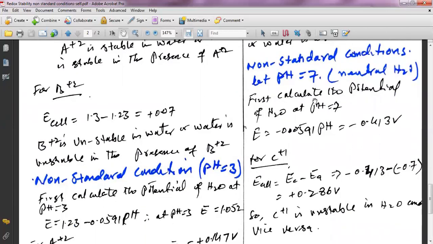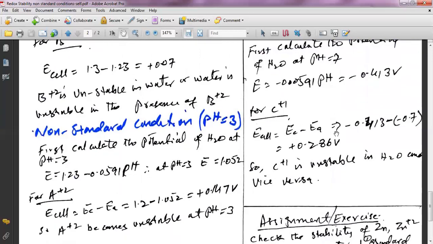So let's first calculate the potential of water at pH 7, and this we have already discussed in the previous lecture. You just use this equation, put the value of 7 here, and then calculate the overall value, which is minus 0.413 volt.